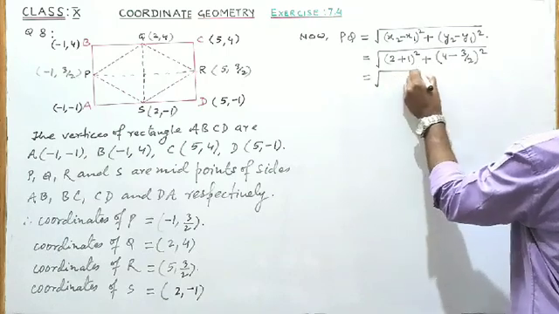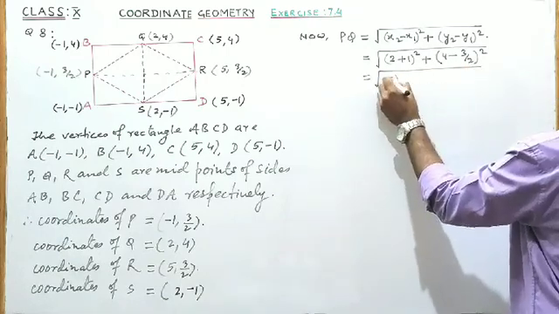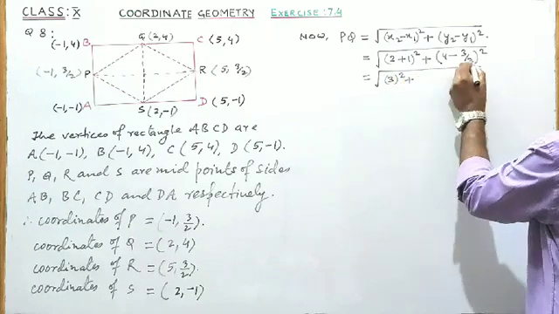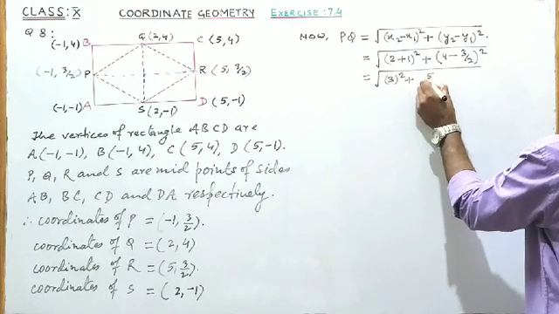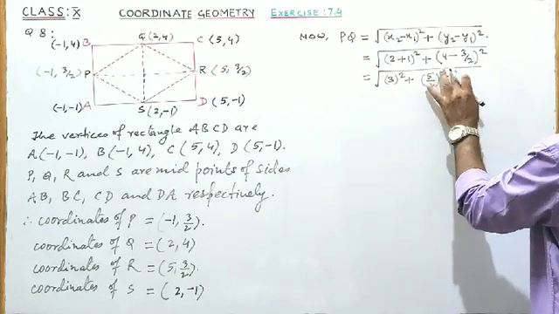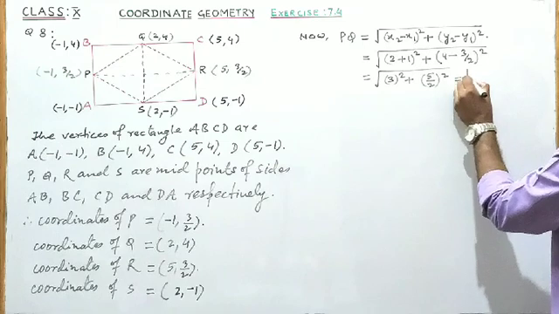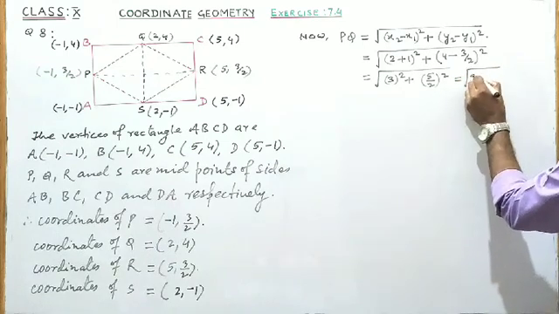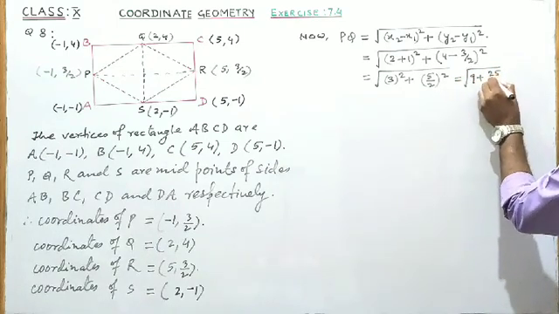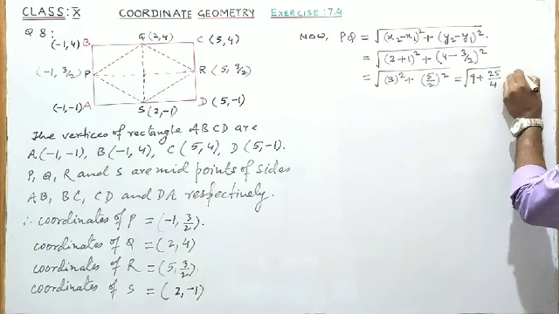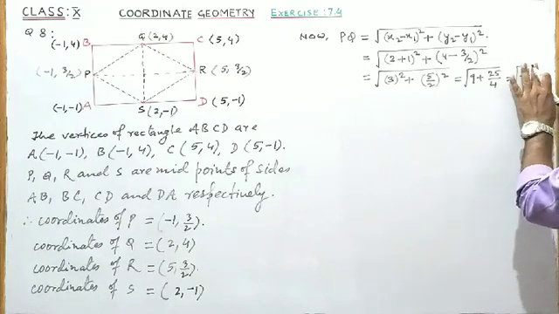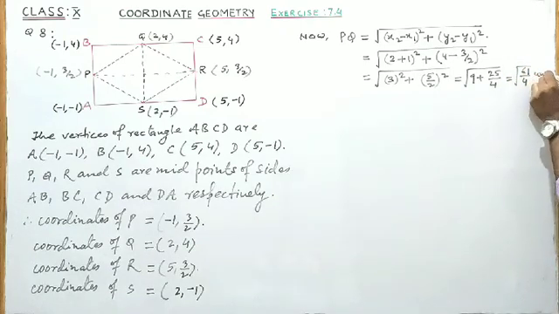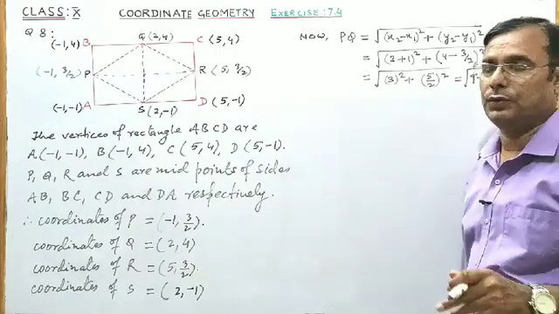This is equal to the square root of 3 square plus (8 minus 3) by 2 whole square, which is equal to the square root of 9 plus 25 by 4, which is equal to root 61 by 4 units. So PQ we have got as under root 61 by 4 units.